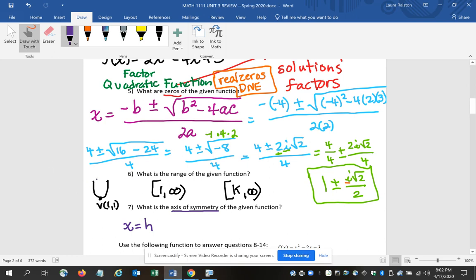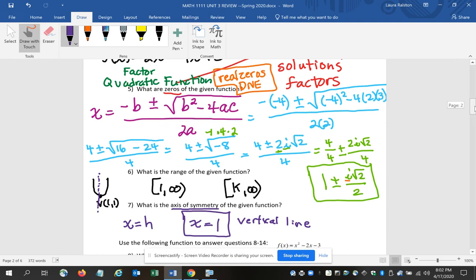So visually you would have your axis of symmetry going through that vertex. In this case it would be x equals 1. And guys, it's always x equals because it is a vertical line.